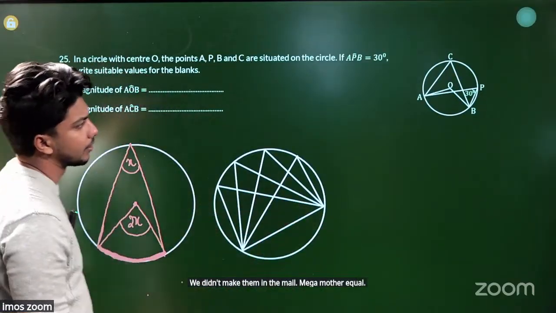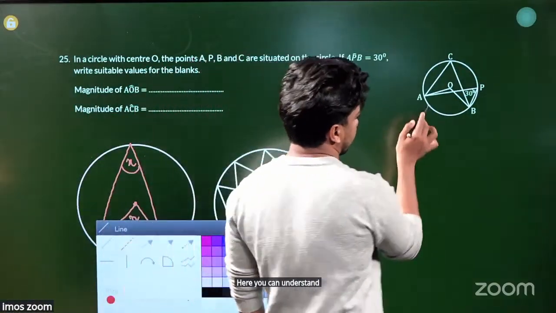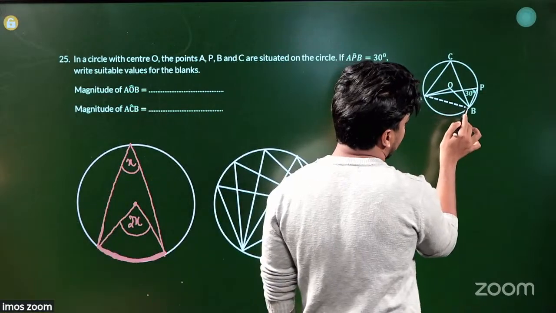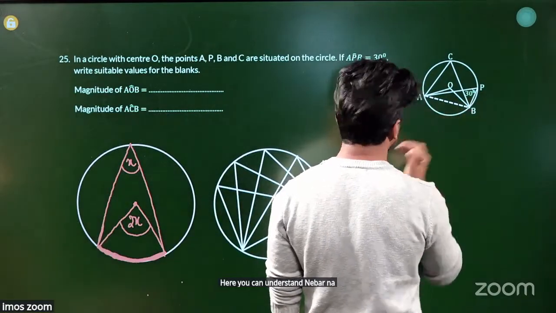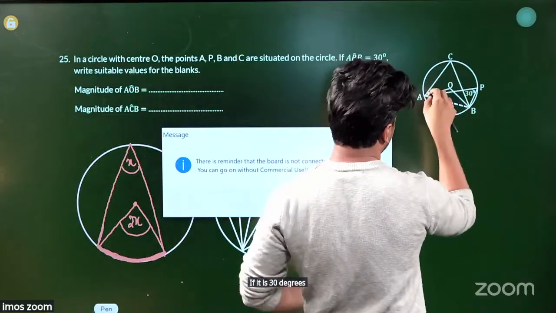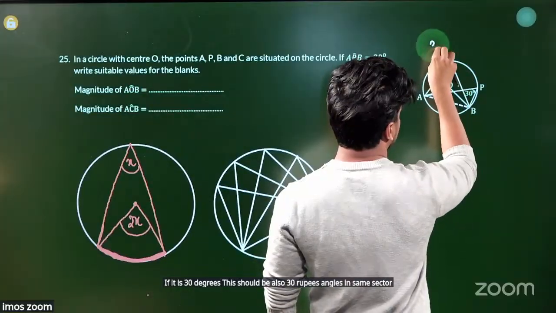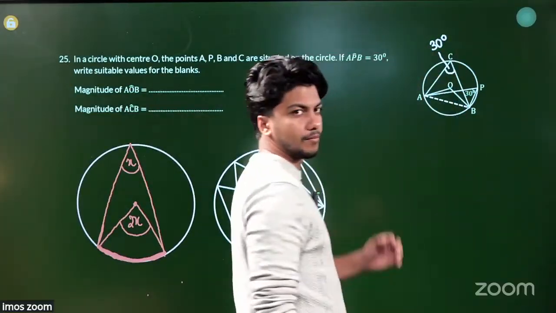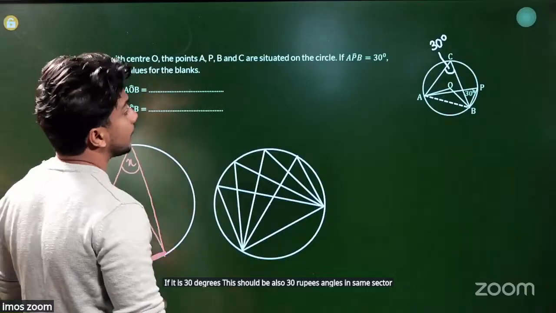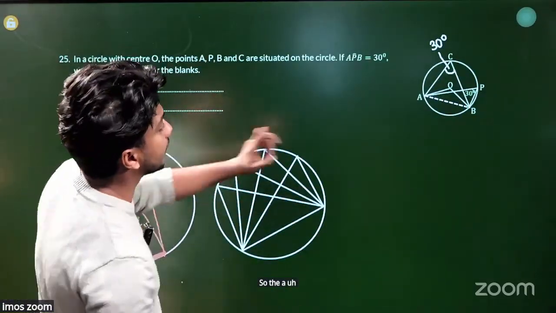Here you can understand that although the chord is not drawn, this angle is 30 degrees. If it is 30 degrees, this should also be 30 degrees, angles in the same sector. So the ACB value is 30.